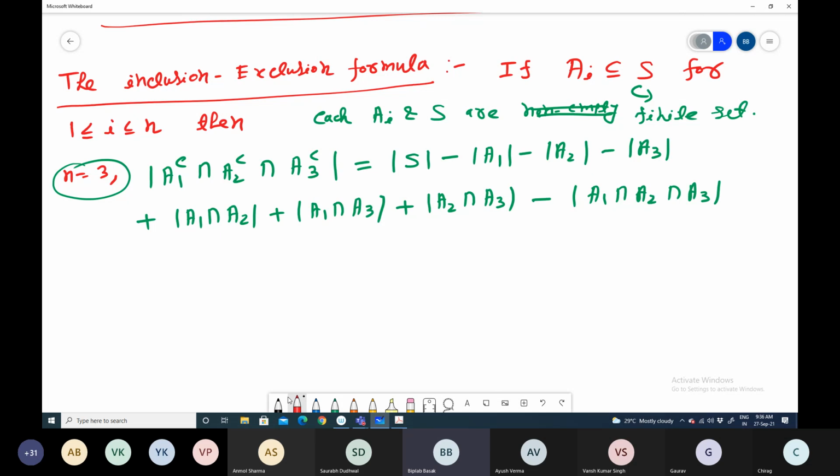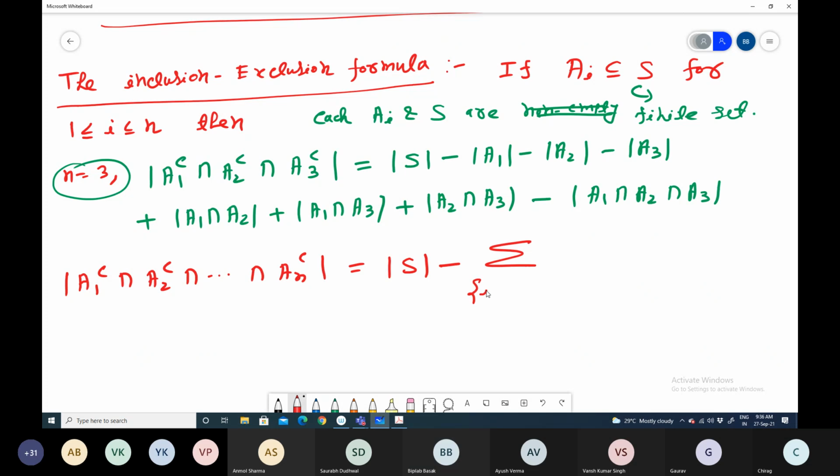So this is the actual term. You can generalize this for n equal to 4, n equal to 5 as well. In general, we will write it this way: the cardinality of A1 complement intersection A2 complement intersection up to An complement. First we take the cardinality of S, then minus all possible singletons. There are n terms, so the summation over i in the set 1 to n of the cardinality of A_i.